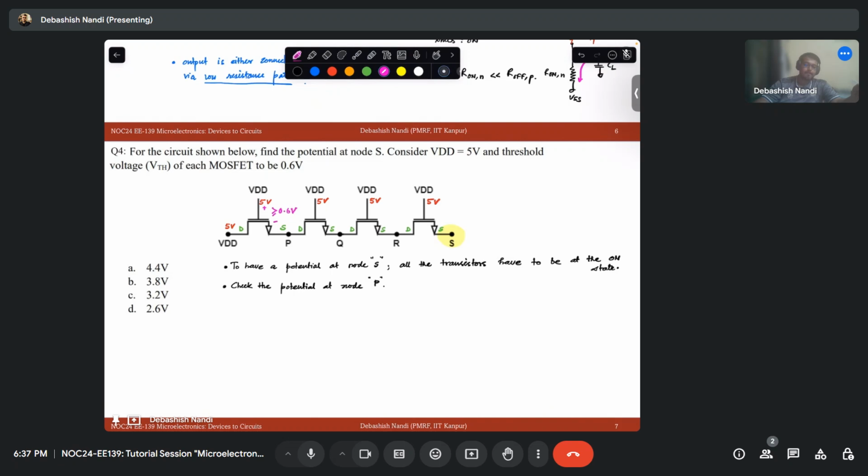Okay, because only then will my channel be formed, or my drain and source should be connected, right? So what is the maximum value that node P can be?